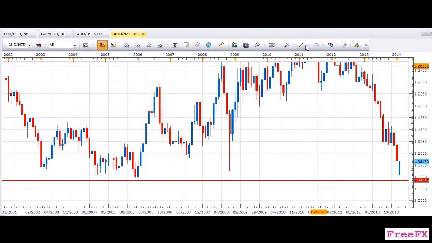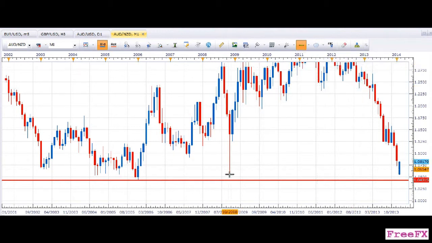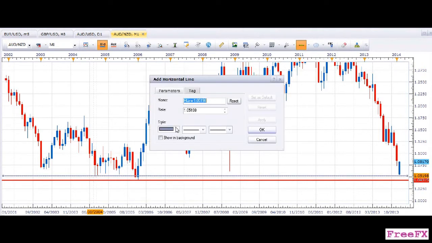So I'm going to stretch this to give us more vertical space. I'm going to pull this up a little bit, and I'm going to draw a second support line. Again, I'll choose the horizontal line option, and I'm going to draw a line this time to the next available bottom, which is where I'm pointing here, going back to 2004.